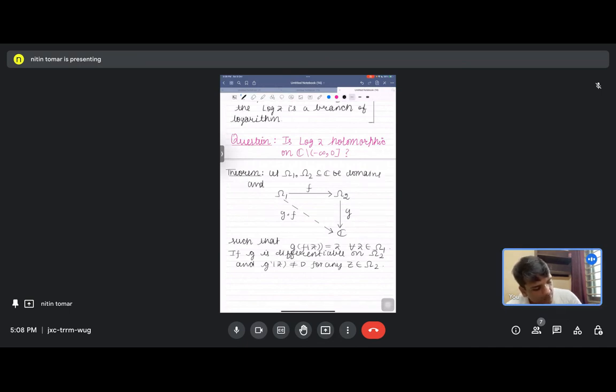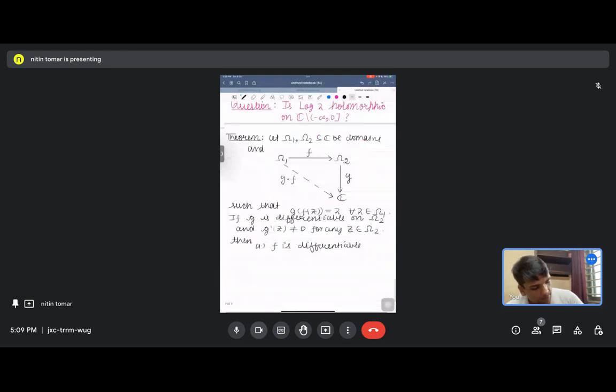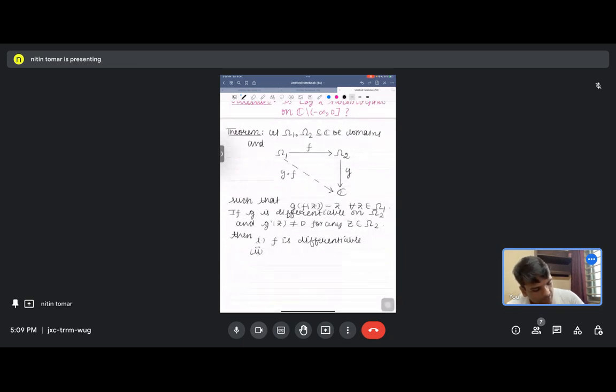Then two things happen. Then f is differentiable. Second, the derivative f prime z will be g prime of f of z.